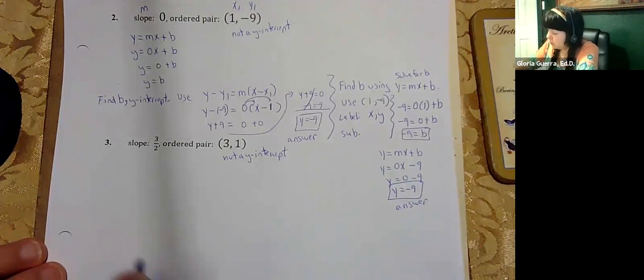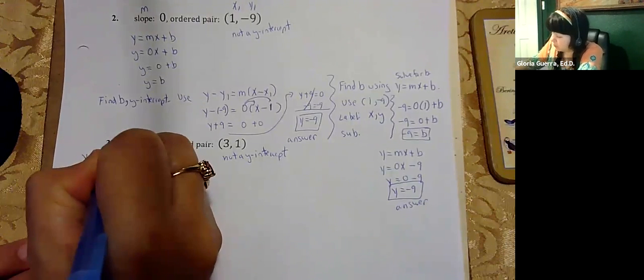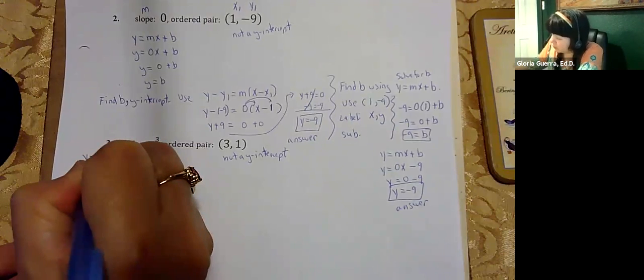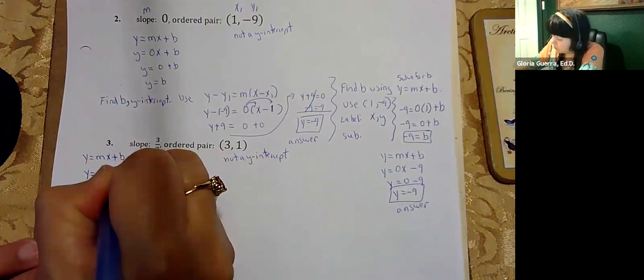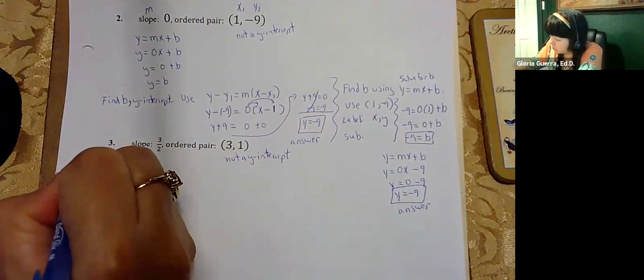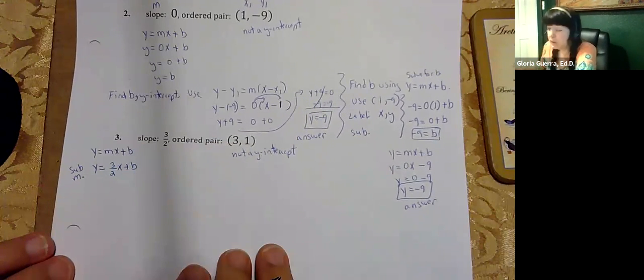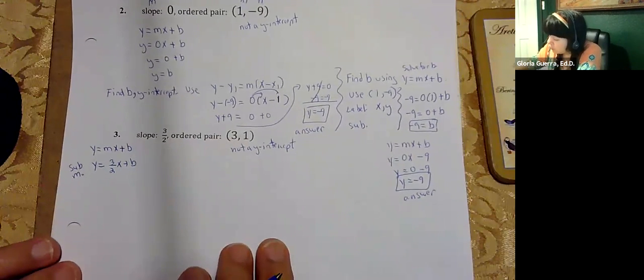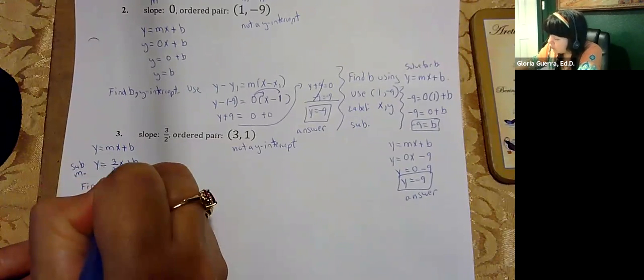So you want y equals mx plus b, y equals 3/2 x plus b. So you just substitute your m. M is 3/2, but you need to find b next.